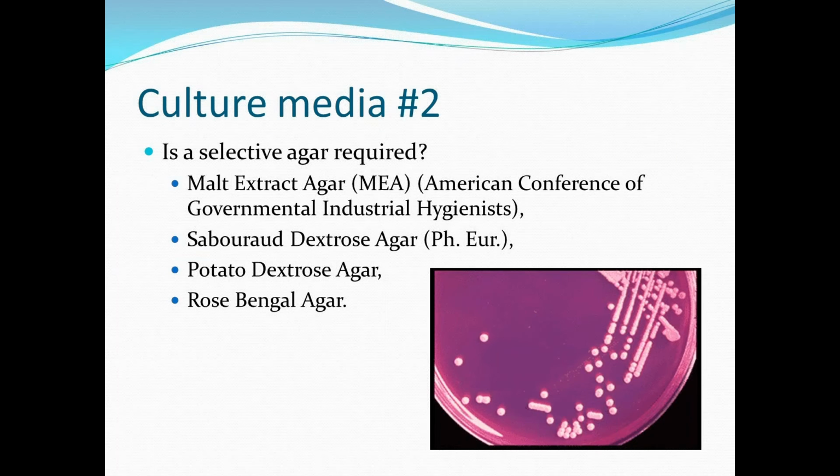Some of the selected media that is sometimes adopted is malt extract agar, which is recommended by the American Conference of Governmental Industrial Hygienists; Sabouraud dextrose agar, which is listed regularly in the European pharmacopoeia, not for environmental monitoring, but for various bioburden tests; potato dextrose agar; and the pink-coloured rose Bengal agar.